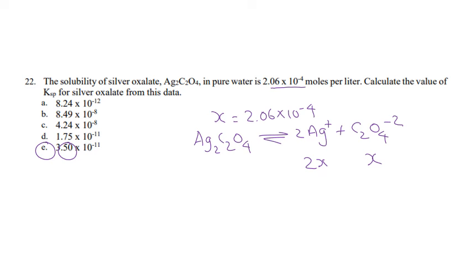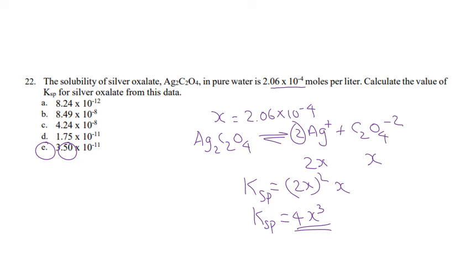That coefficient 2 goes in front of the x as well as to the power when you write the KSP expression. KSP expression: (2x) squared times x, that means 4x squared times x, that's going to be 4x cubed. So that is our KSP expression for this one.